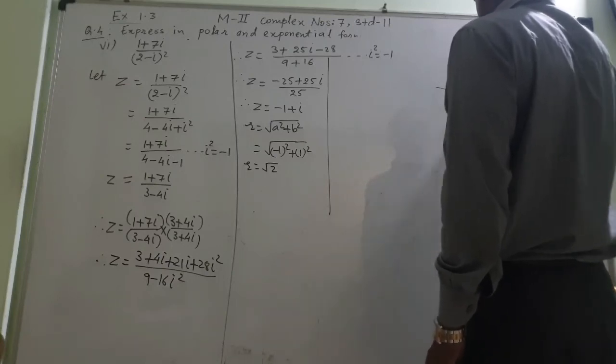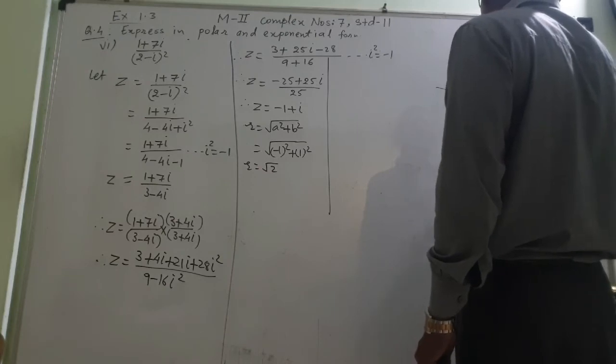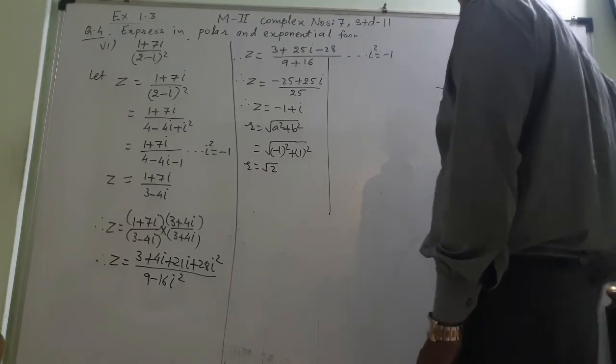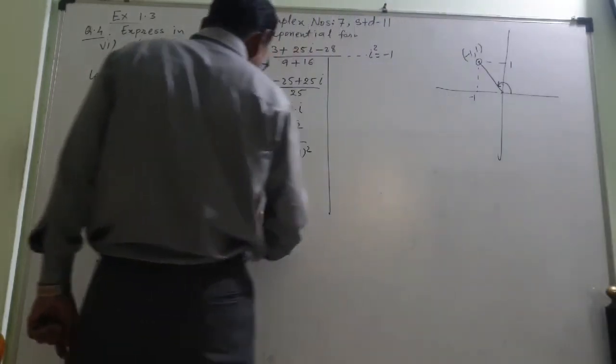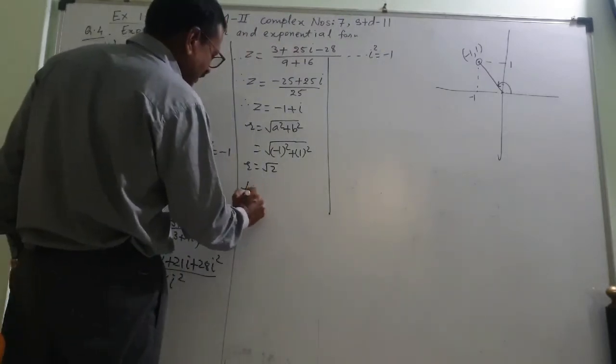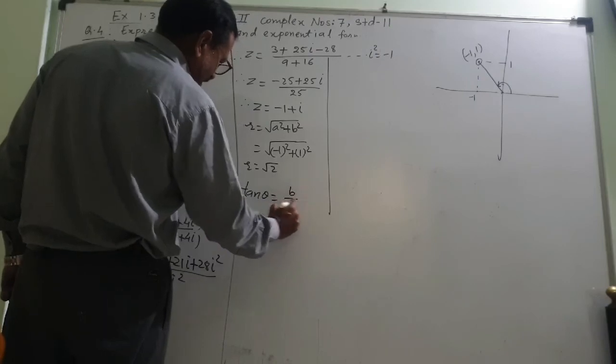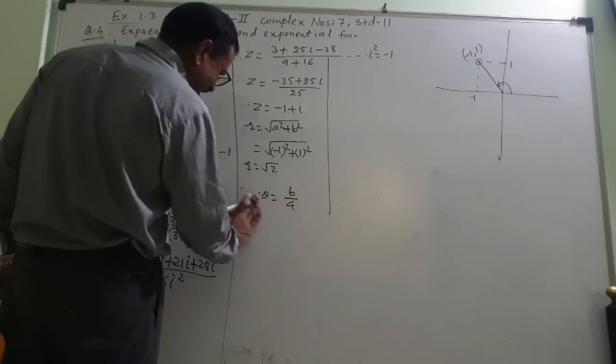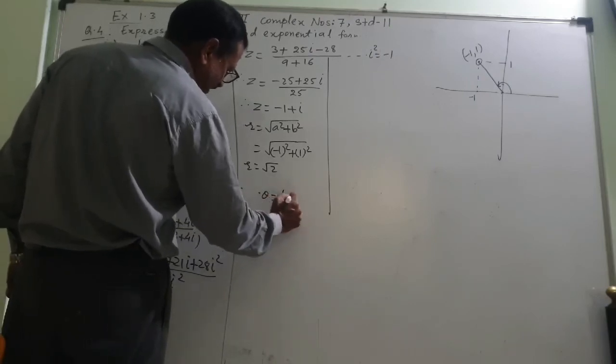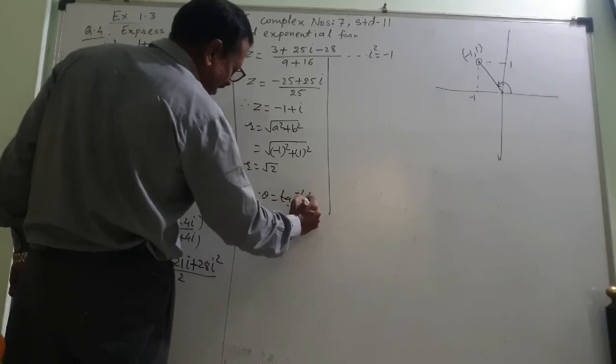And here I will go. I have to find this angle. Tan theta is equal to b upon a. Therefore theta is equal to tan inverse b upon a.